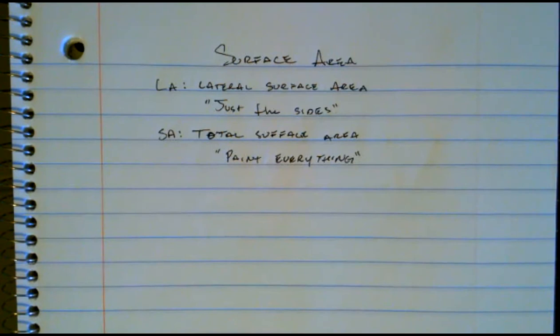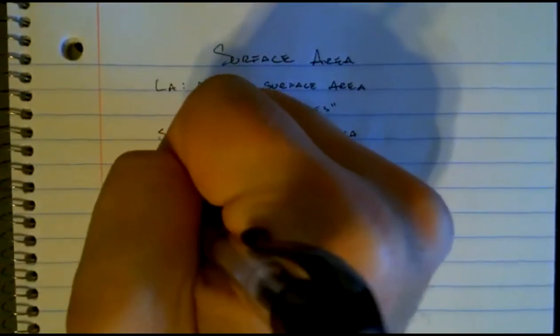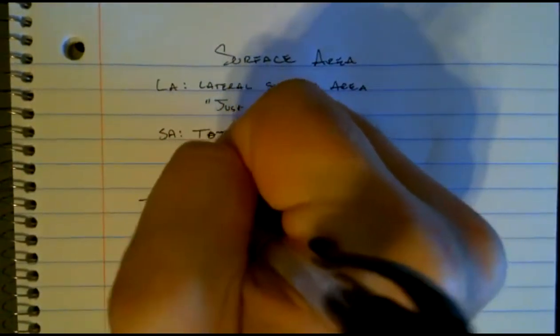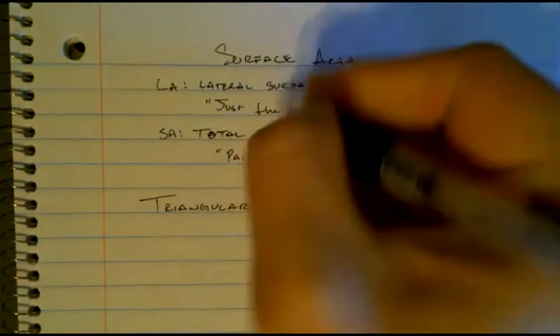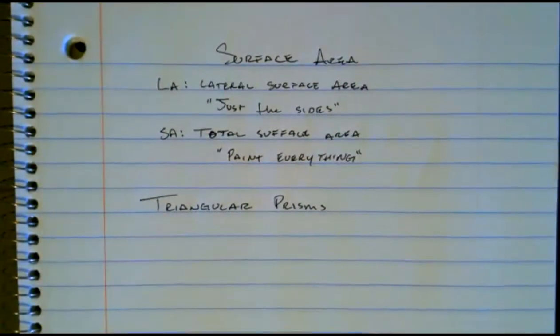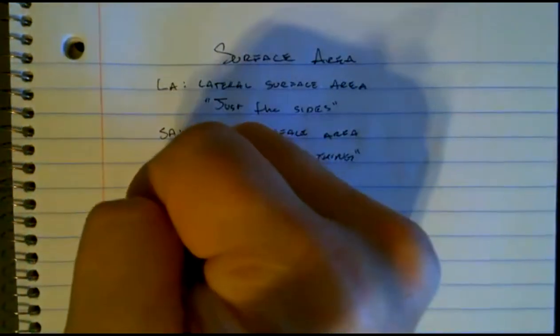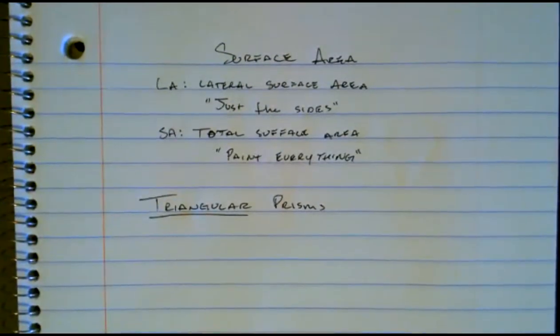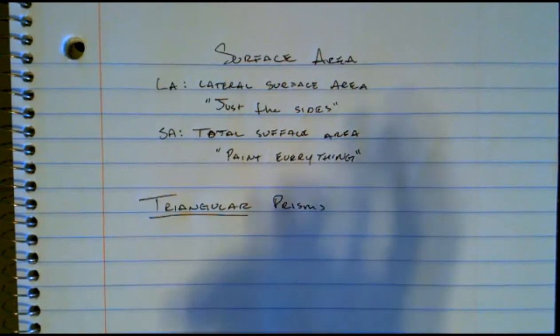Okay, so yesterday we looked at rectangular prisms. Today we're going to continue with prisms, but we're going to look at triangular prisms. Okay. Triangular prisms. Now, it's very important that you realize they say triangular.